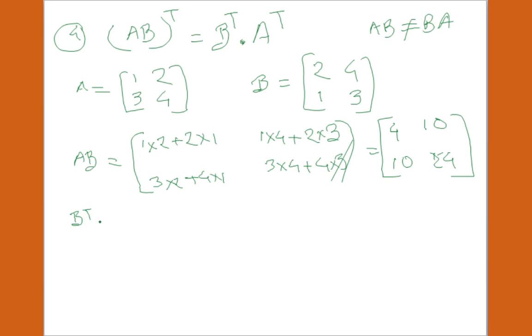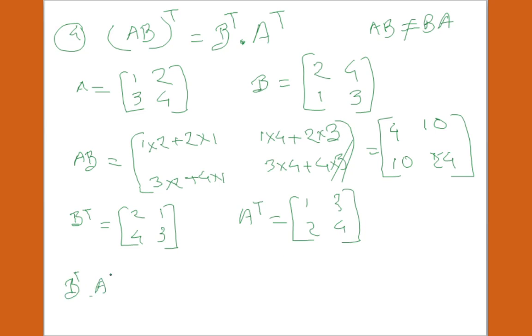First B transpose. B transpose is 2 4 1 3. A transpose is 1 2 3 4. That is B transpose into A transpose. 2 into 1 plus 1 into 2. 2 into 3 plus 1 into 4.